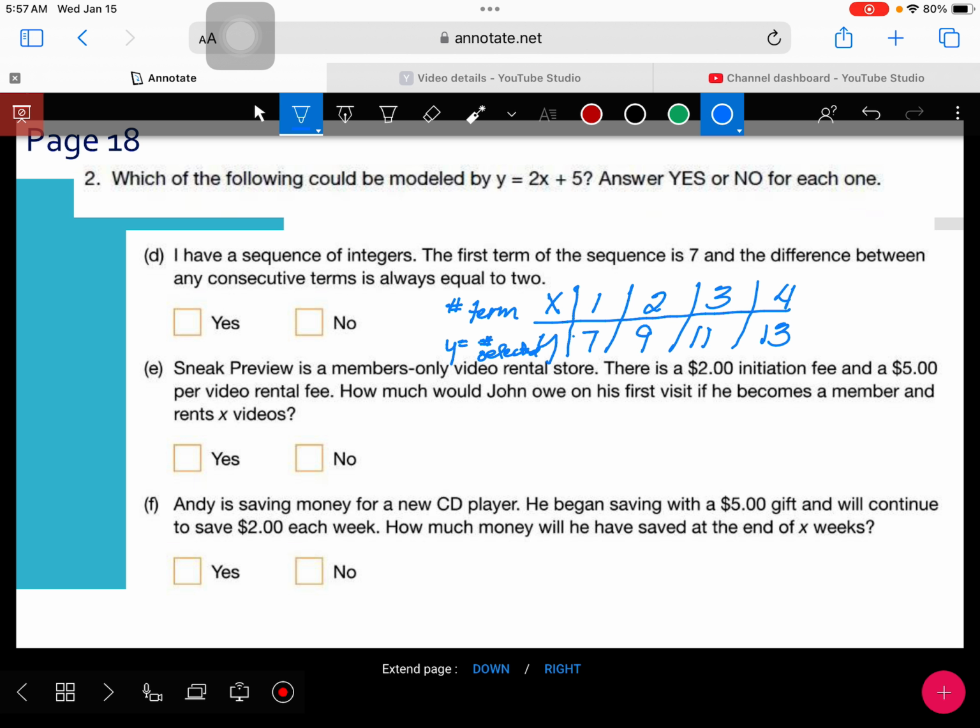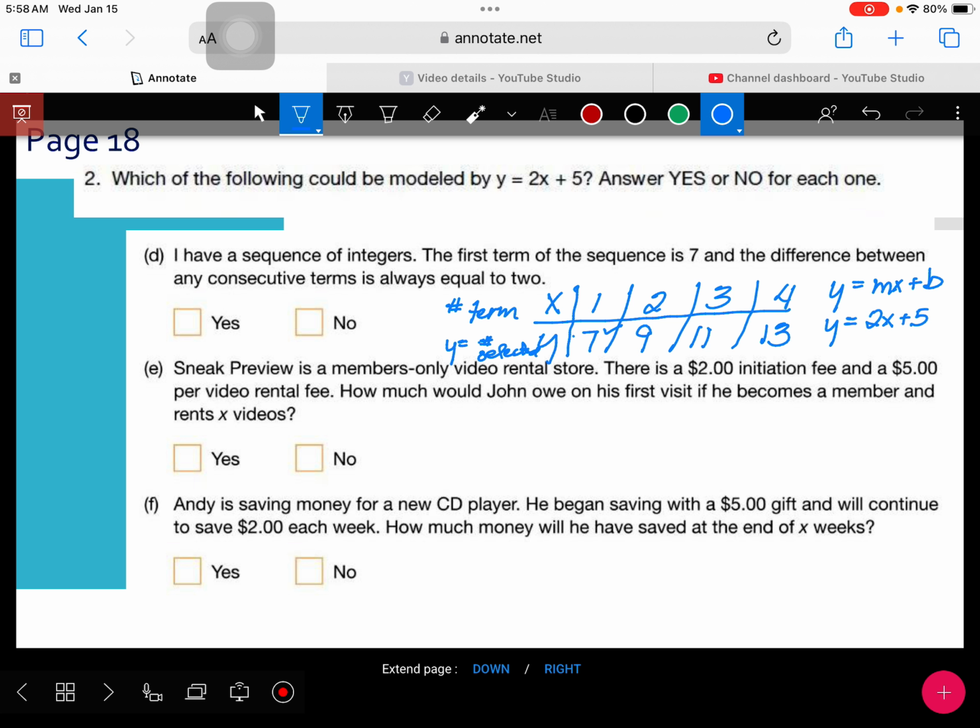So if I said y equals mx plus b, then y is equal to 2x plus 5. So if I substitute 1 in here for x as my first term, 2 times 1 is 2 plus 5 is 7.